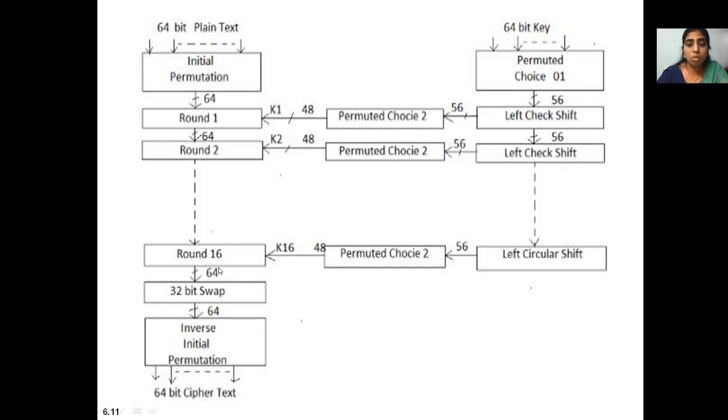Once the 16 rounds are finished, we swap the 32 bits. These 32 bits have been swapped. Then we apply the inverse initial permutation, and then we get the cipher text.